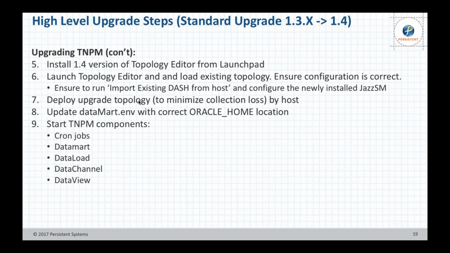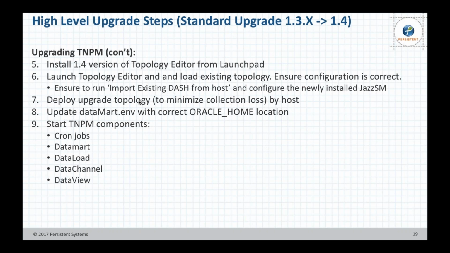All right, so after that, you deploy your upgrade topology, you update your data mart component because, as you know now, your Oracle home is now a new location because of the out-of-place upgrade. And then you can go ahead and start all the TNPM components once you have done the deployment.